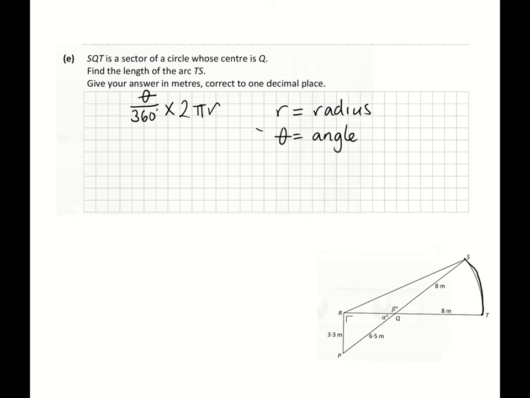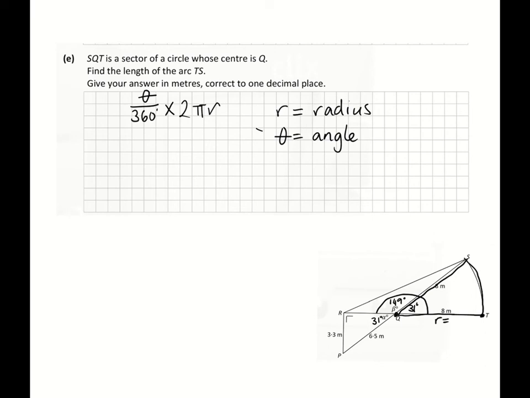So if I have a look at the sector, well, I know A over here is 31 degrees. So the opposite angle to that is going to be 31. It's making a straight angle with that one, which is 149. So we know it is definitely 31 degrees. I can see the radius from the center of the circle out to the circumference is 8. And it's that on both sides because they're both from the center out to the arc.